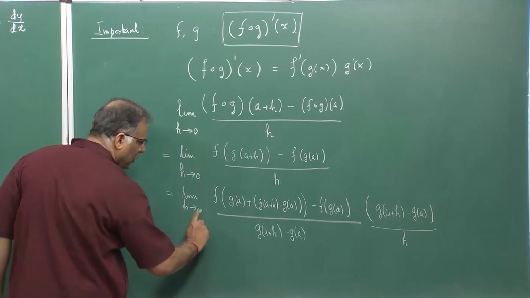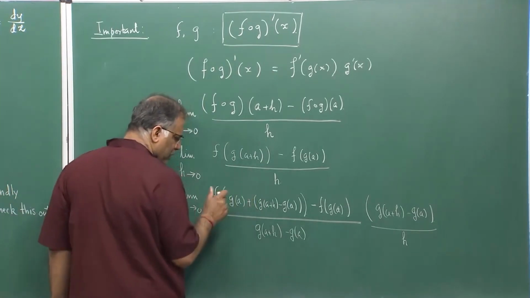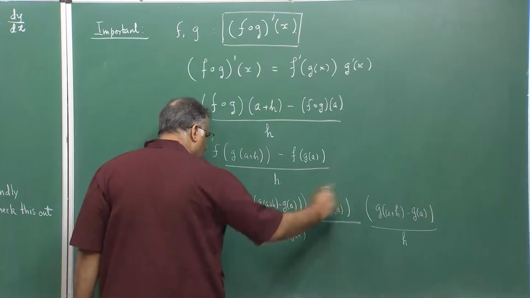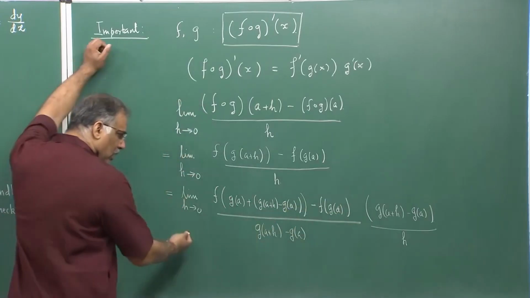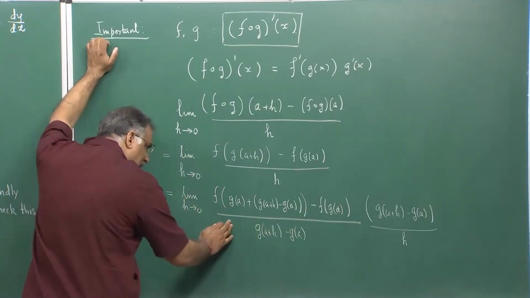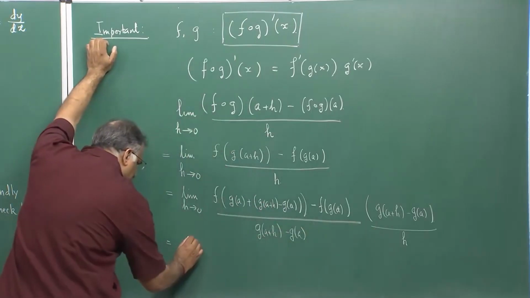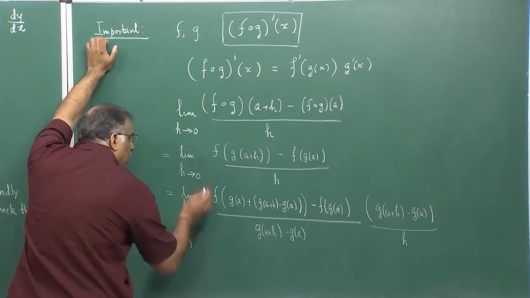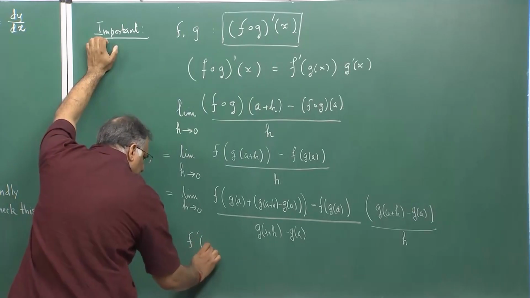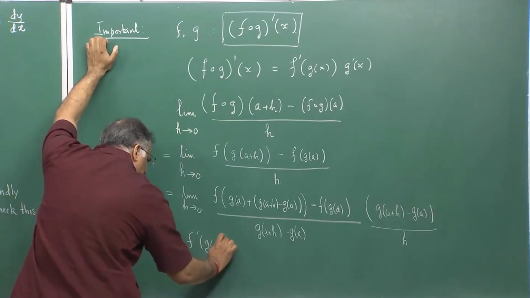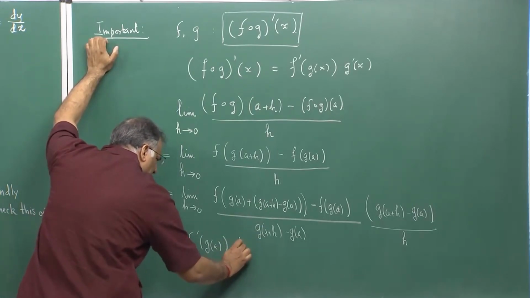so now I operate the limit here, limit of f into g is limit f into limit g if both the limits exist. So, now what I will simply do is take the limit of this and then the limit of this, and this will simply give me f dash of g a, and that would give me g dash of a. You say, voila, I have done it.